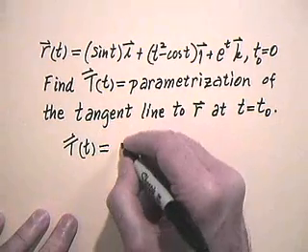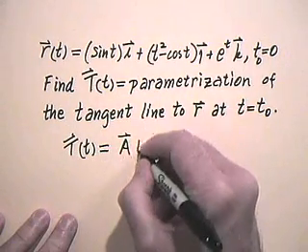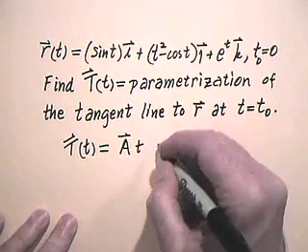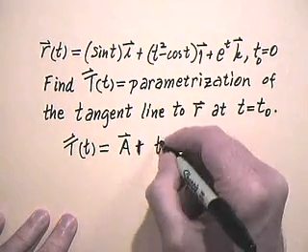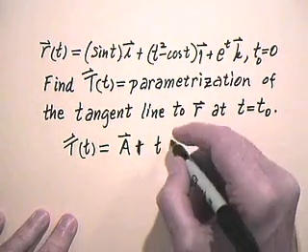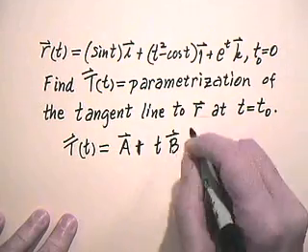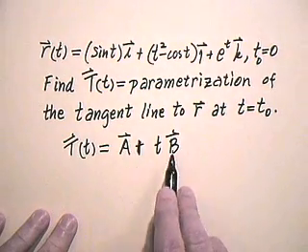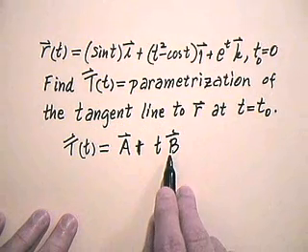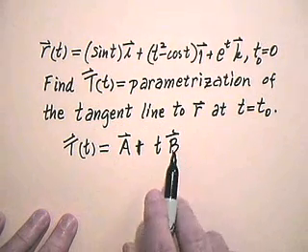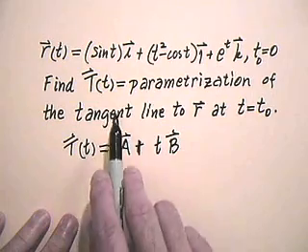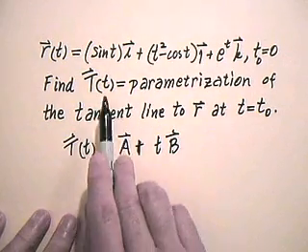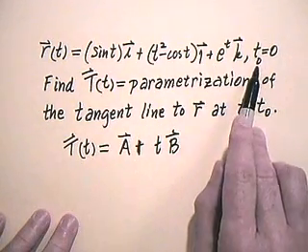We want some vector A plus t times a vector B. Here A will be a vector which touches the line, and B is a vector pointing in the direction of the line. So consequently, we want our line to be tangent to this curve at the point t naught.